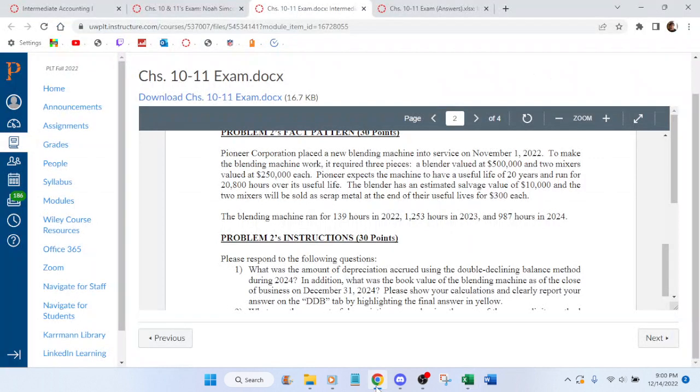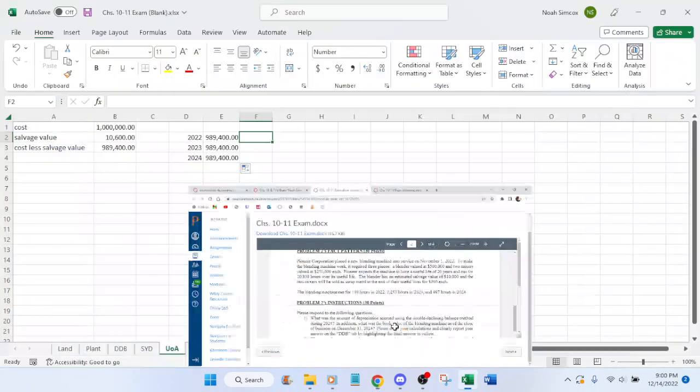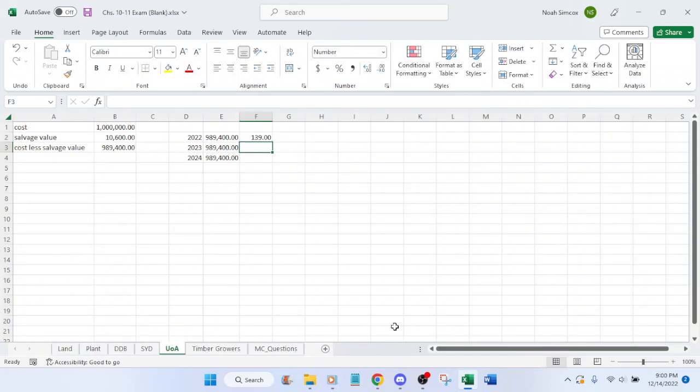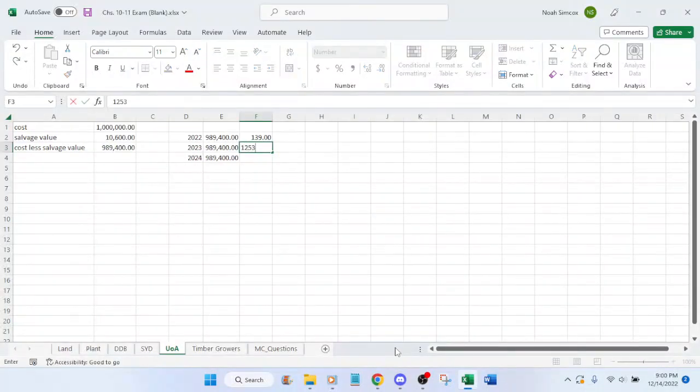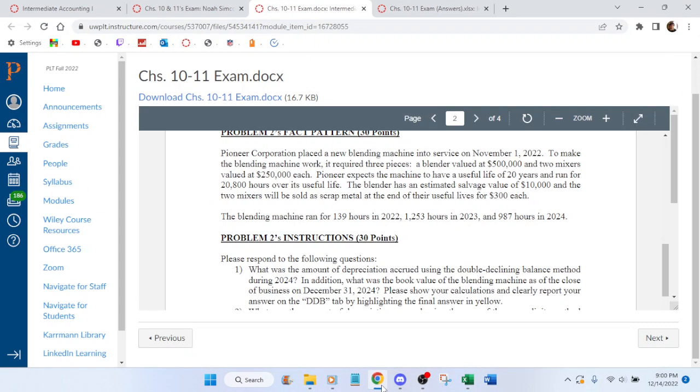What was the amount of service hours? 139, 1253, and 987.